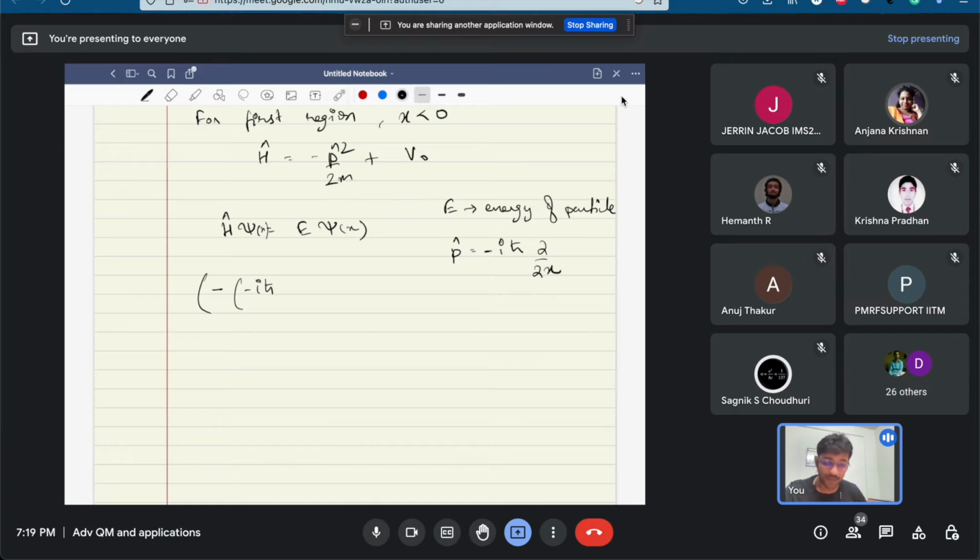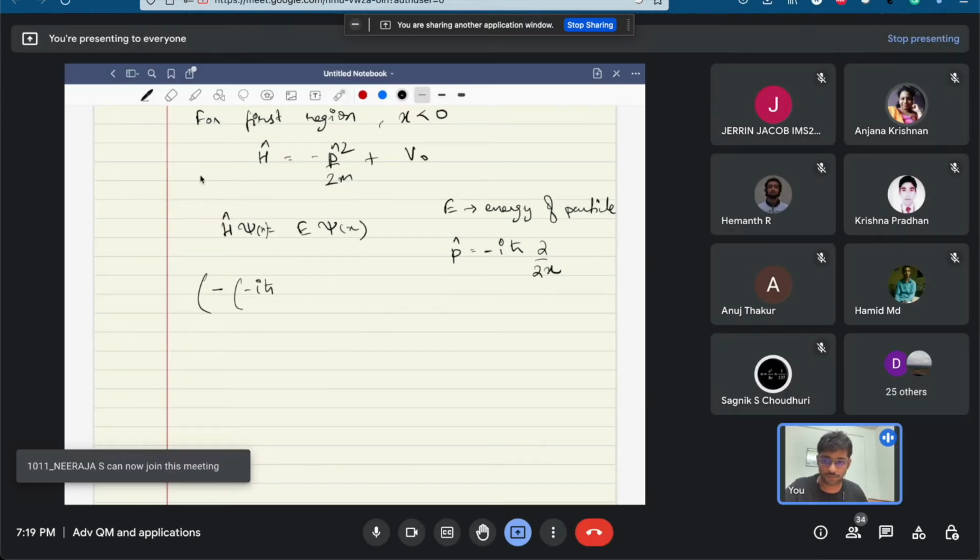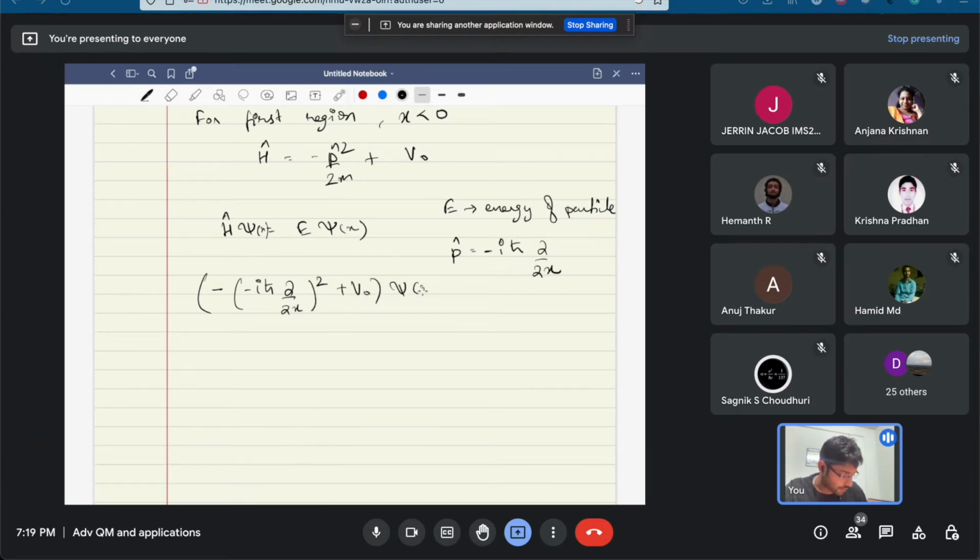So we have minus i h bar del by del x, let's say if minus is correct, squared, plus V naught, and this operates on the wave function psi of x, and we get E psi of x.